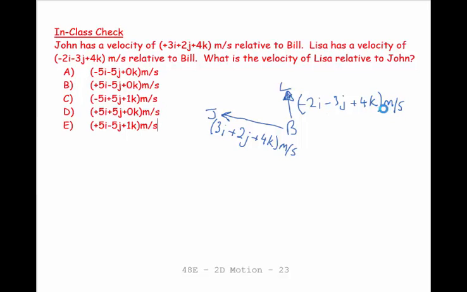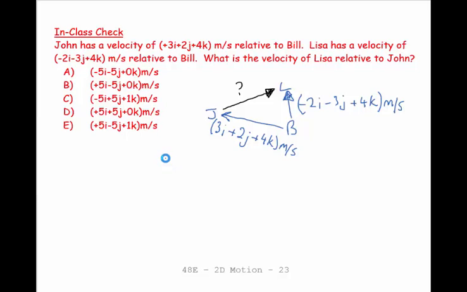meters per second. And it's asking, given that, what is the velocity of Lisa relative to John? So it's asking for this. What is this velocity? This is a classic relative velocity problem, and for relative velocity problems, there's an equation that links what you want with what you need.